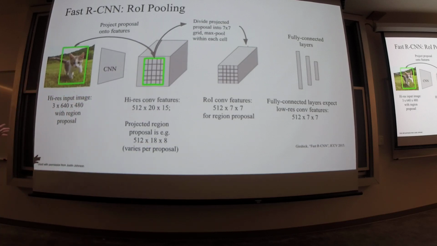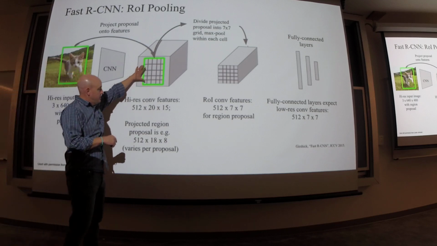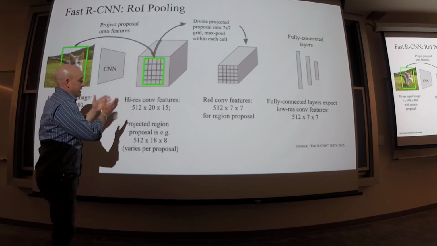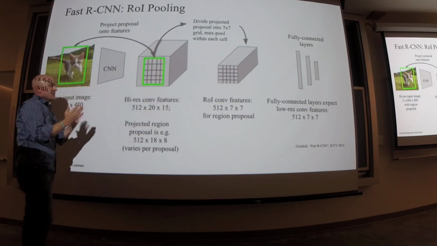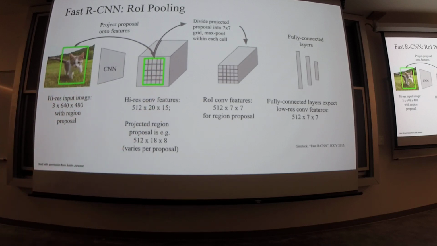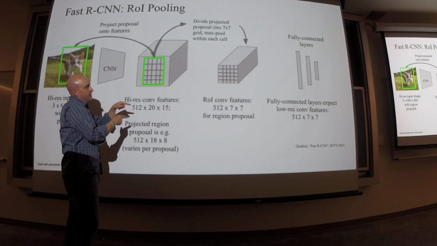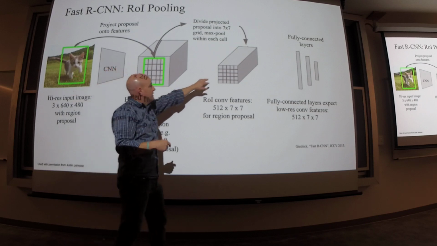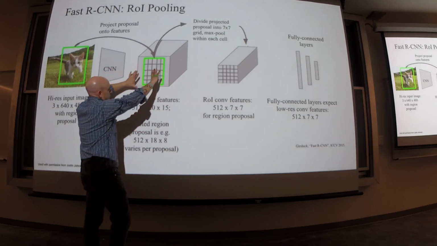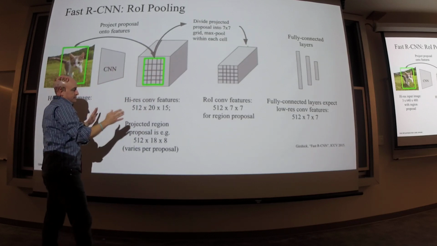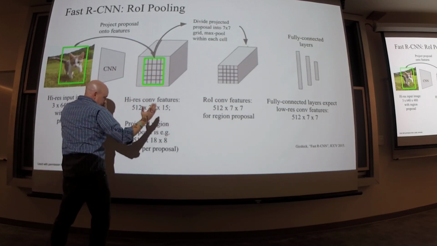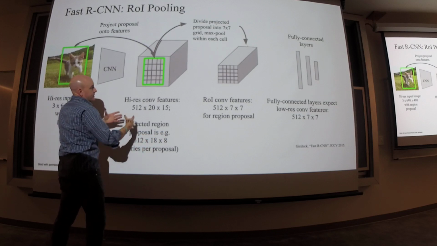So the idea is now, within that region, divide this into a grid. This is showing 5 by 5, but it's actually 7 by 7 in the paper. Divide this into a spatially extended grid of 7 by 7, and do max pooling in there. You have this feature map, which is already an abstraction of the original image. It's of some extended size, in this example 18 by 8.